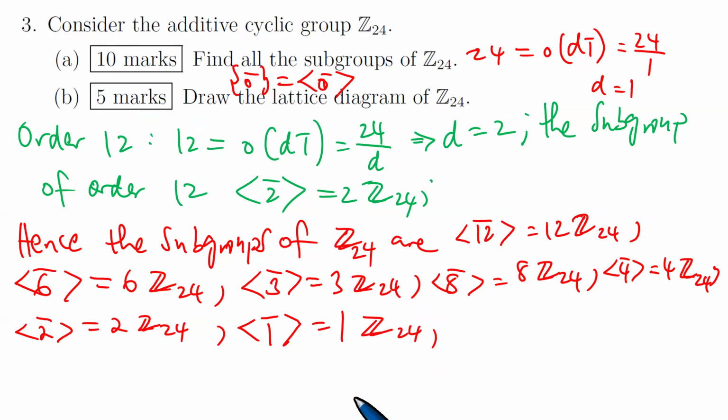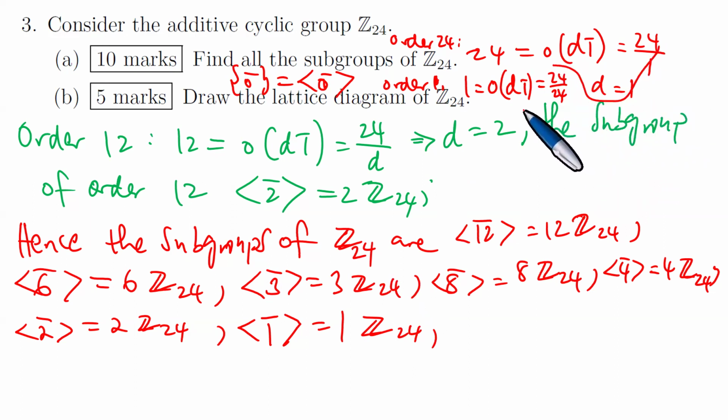So now if it is of order 1, the order is 24 divided by D, so if it's 1 here, it's going to be 24 divided by 24, which means that D is 24. That is for the bottom one, because you want to get 1.